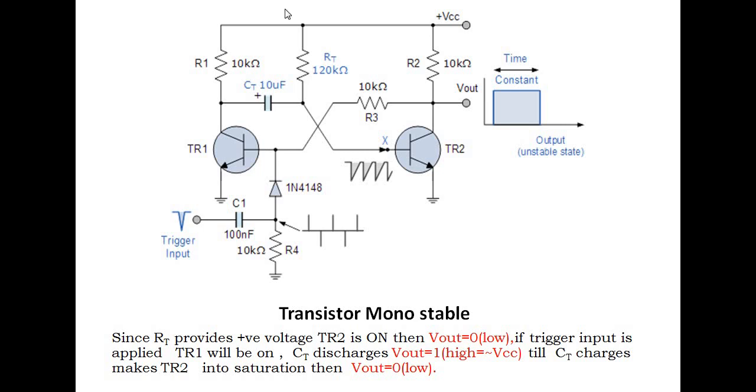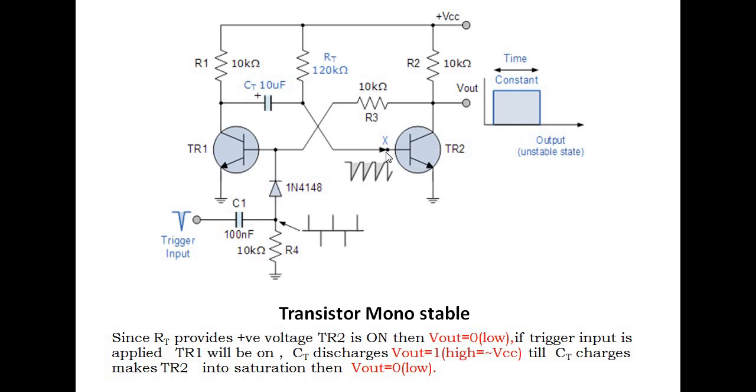So the voltage on the capacitor is changed suddenly. If the voltage on the capacitor changes suddenly, it doesn't allow that change, and in another way it conveys that change to the other plate. Earlier here we had VCC, now we have grounded this TR1. That's why the capacitor generates a negative voltage.